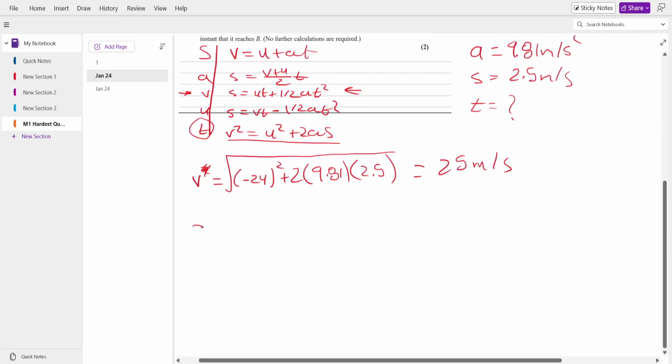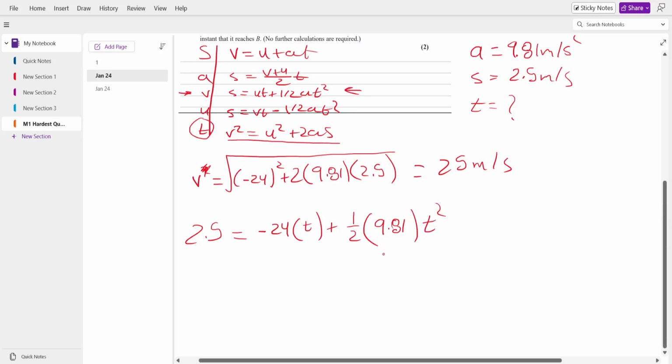So S is 2.5 meters downwards equals UT. My U is negative 24 times T plus half A, which is 9.81 downwards, so it's positive, and I have a T squared.